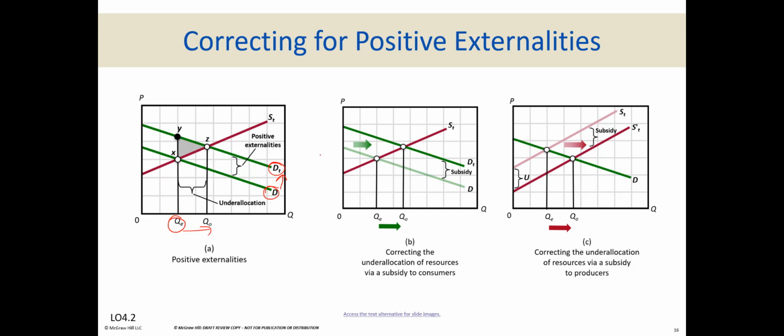And one way, as I said, is that government subsidizes buyers, in that case college students, in the form of scholarships, grants, and so on, so that they can go to college and more people get education. Therefore, we reach the socially optimal level. Another way is that government can subsidize the producers. When government subsidizes producers, the amount of schools may increase, right?